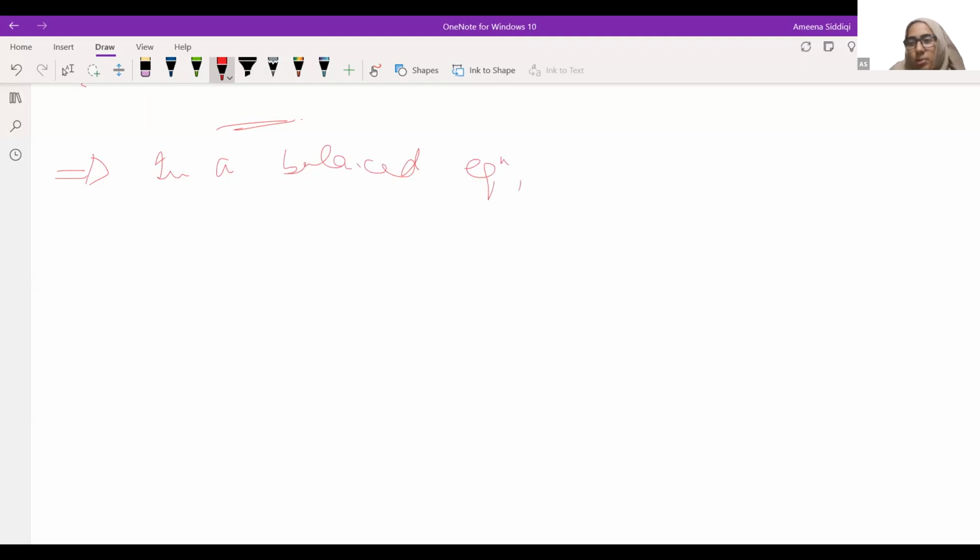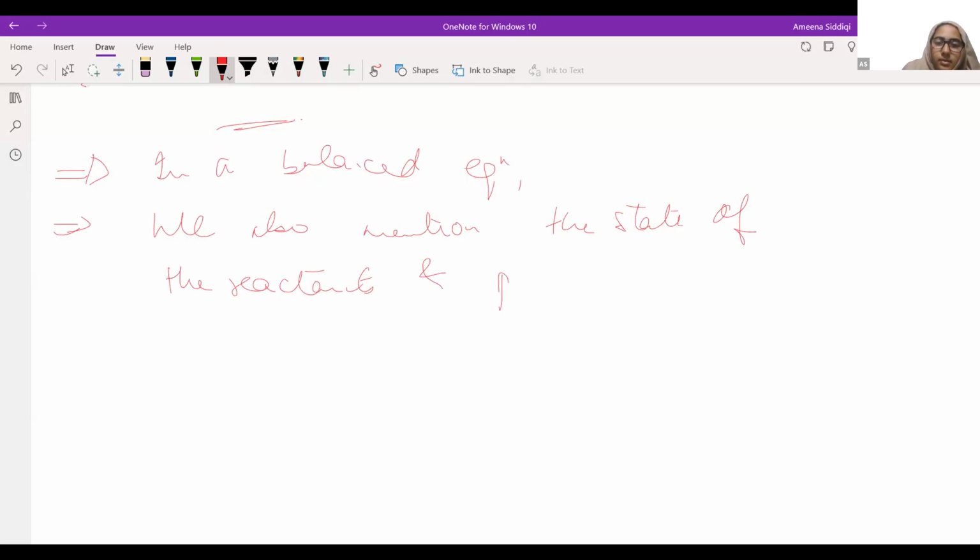In a balanced equation, the number of atoms has to be balanced on both sides, the reactants and the products. That's well established. Second, we also mention the state of the reactants and products, in brackets.